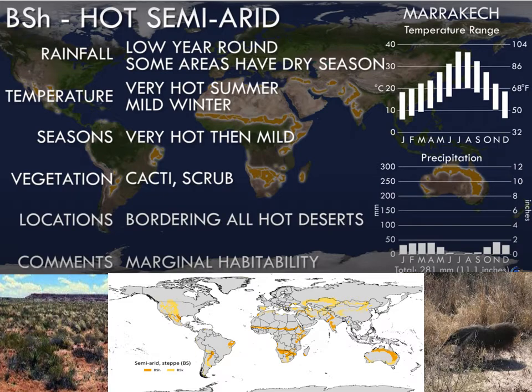Then there is the hot semi-arid climate, as we call it. These are adjacent to the hot desert, with somewhat warmer climates and more moisture compared to the hot deserts. That's called semi-arid.